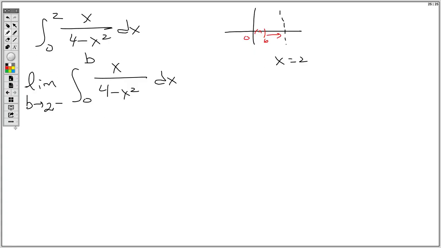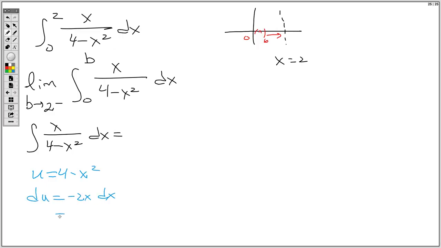So we need to integrate this. I can make use of a u substitution from Calc 1. So I get a minus a half again, integral of, in this case, 1 over u du.